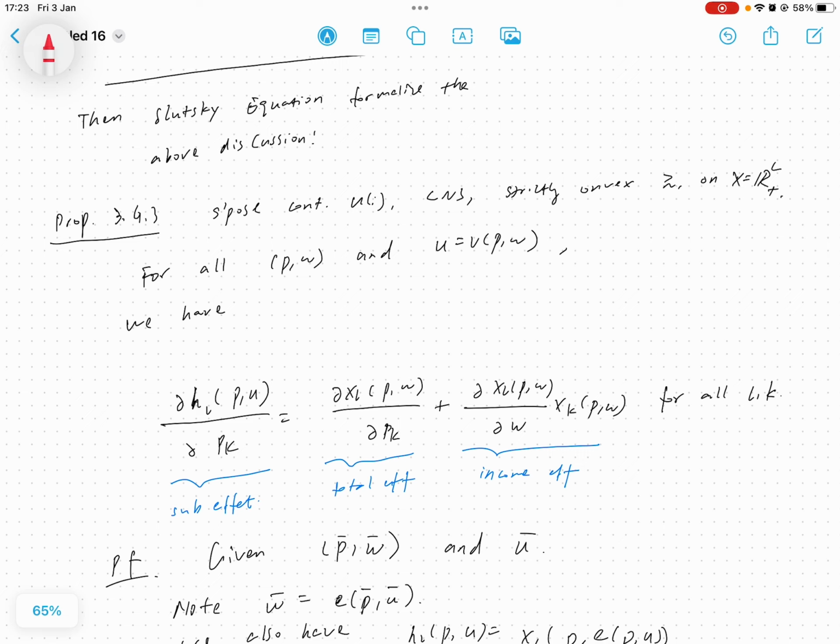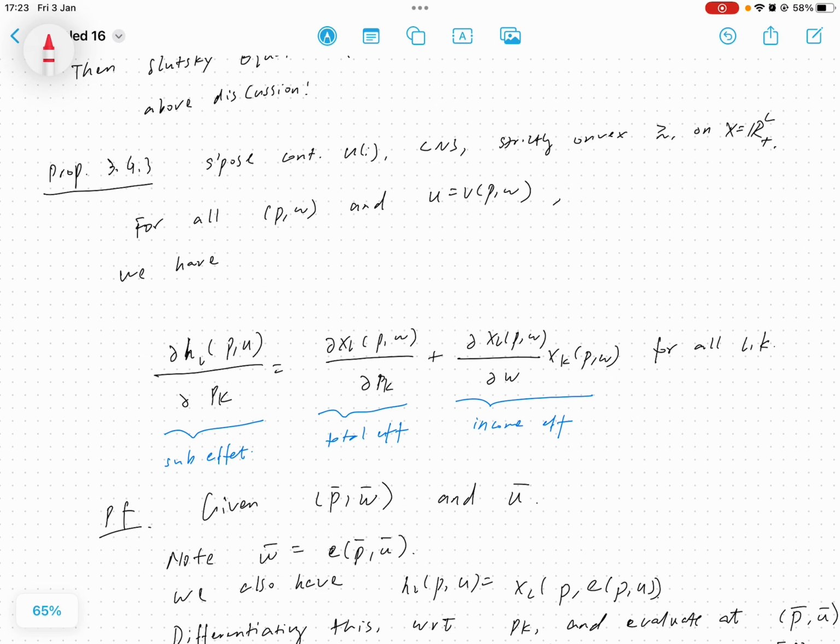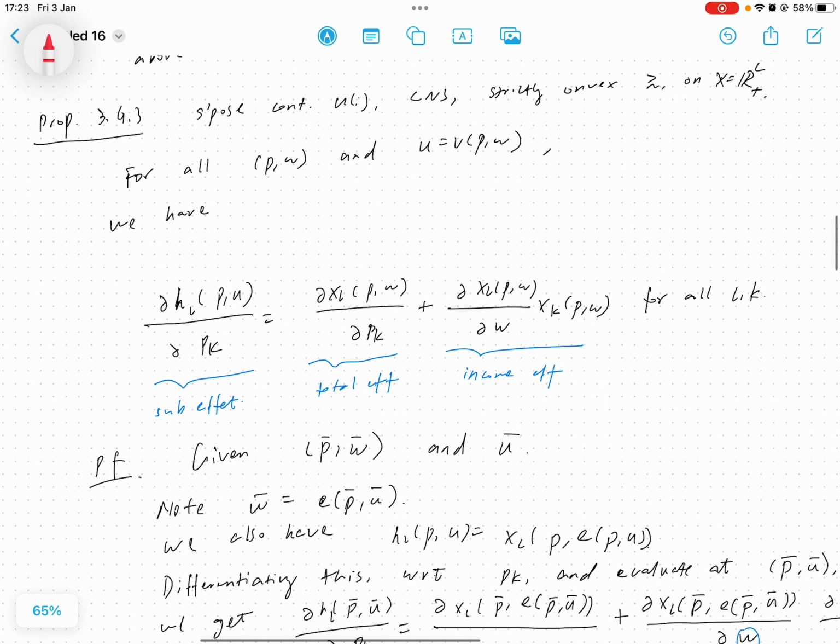So for all the pairs P and W, and the utility being this indirect utility V given the P and W pair, the Slutsky equation says that we have this equation below, which is just the relationship that we mentioned before regarding the three effects.